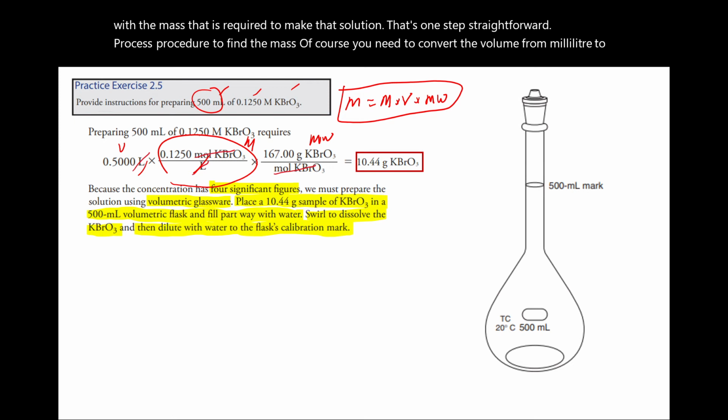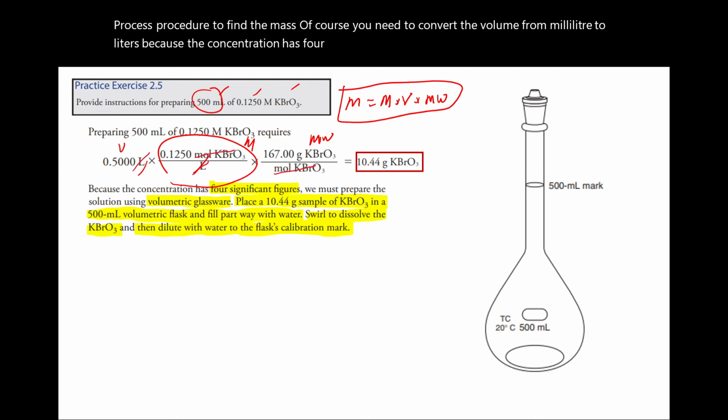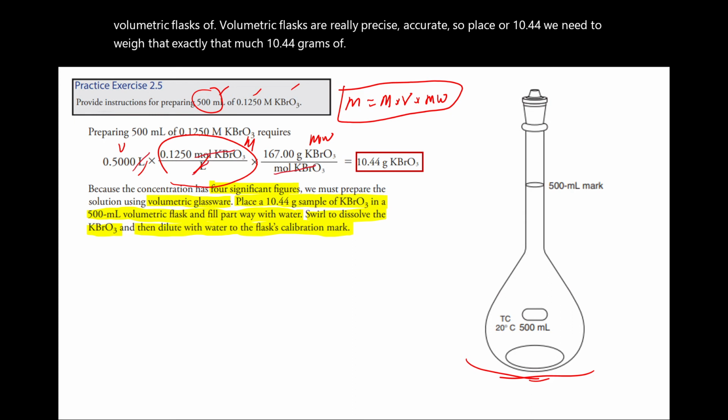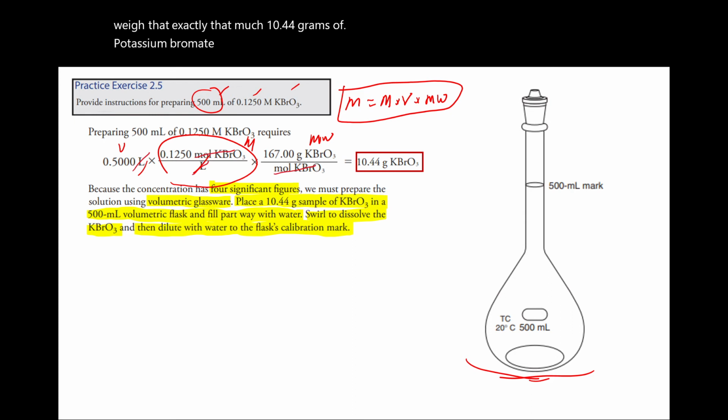Because the concentration has 4 significant figures, we must prepare the solution using volumetric flasks. So volumetric flasks are really precise, accurate. So place 10.44, we need to weigh exactly that much, 10.44 grams of potassium bromate in a volumetric flask. So you weigh that much, you transfer it here.